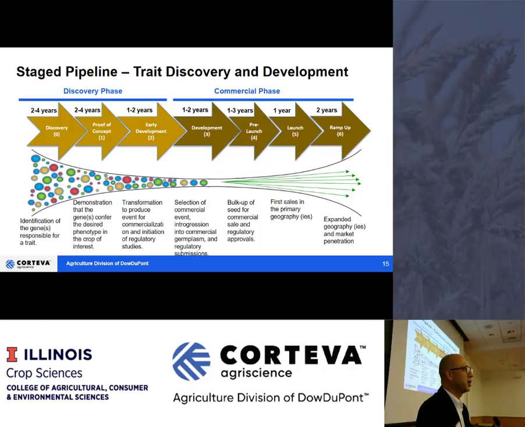Those are outputs because we go from having multiple candidates for a trait to a single one at the end of that stage 2, and from that moment we are deploying that trait in as many lines or varieties on our target crop as possible. And so those are the green arrows. That's when we start introgressing that new trait and testing it as broadly as possible, making sure that it works in as many lines and geographies as possible.